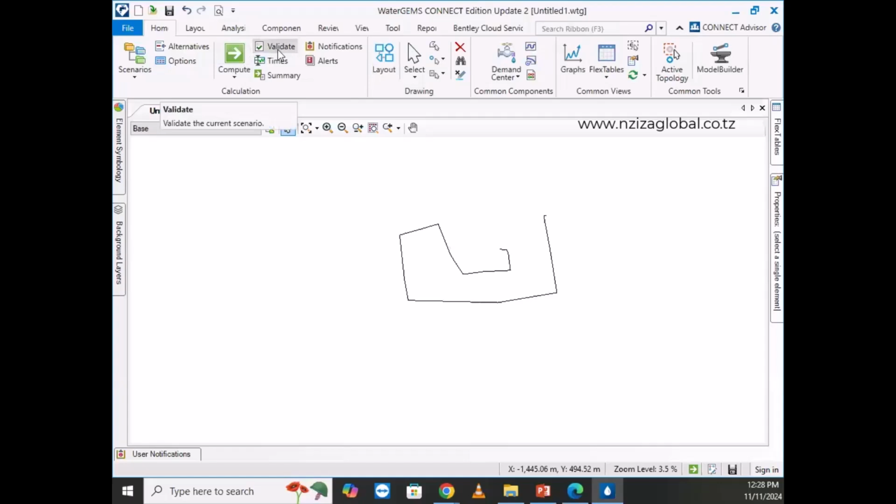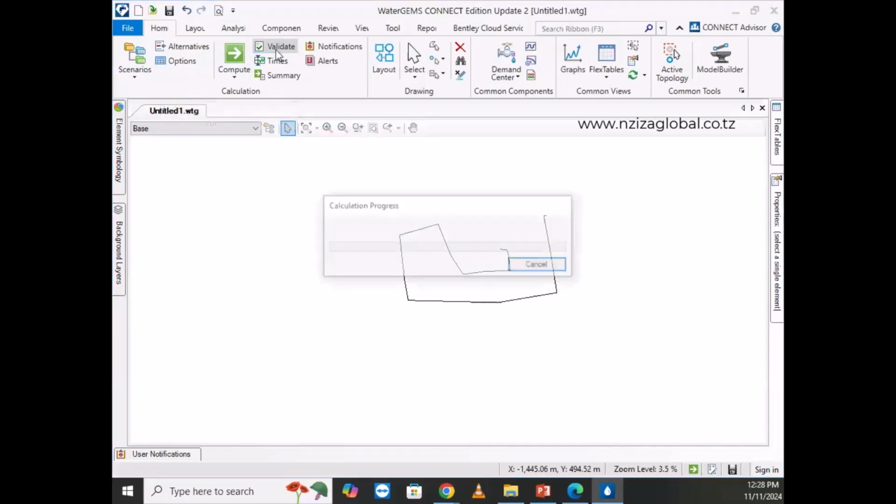The validation is to confirm if your network is well set. If your network is not well set, you cannot validate. Your network cannot be validated.